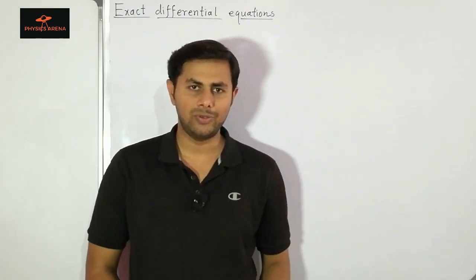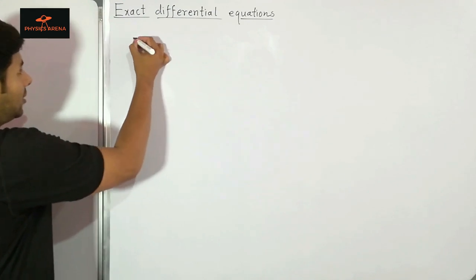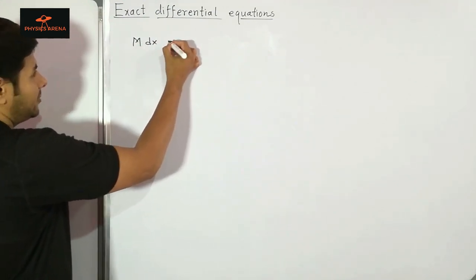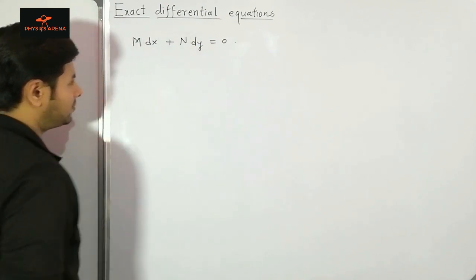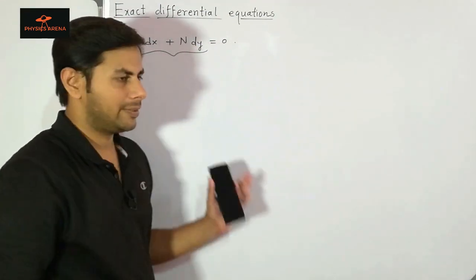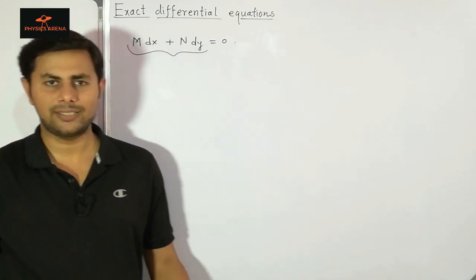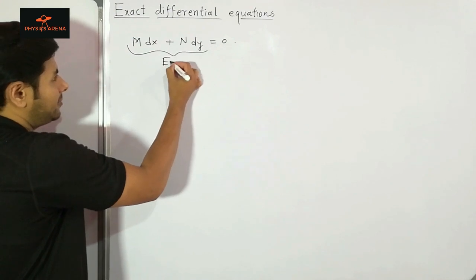Okay, so suppose we have this differential equation, m multiplied by dx plus n multiplied by dy equals 0, and we find that this given differential equation is exact.